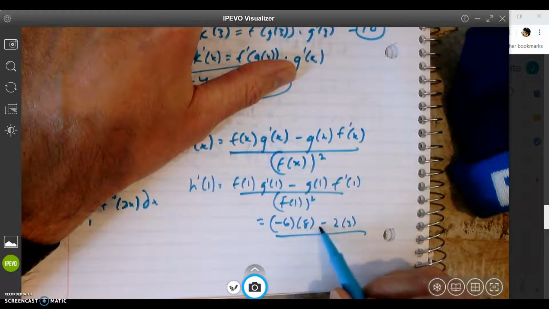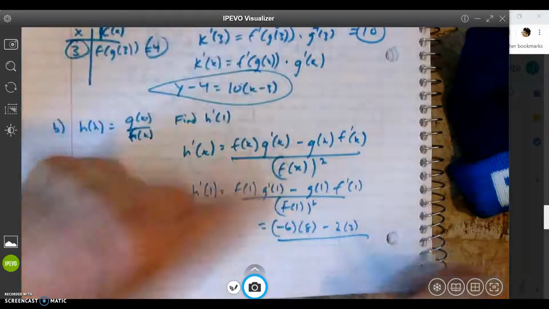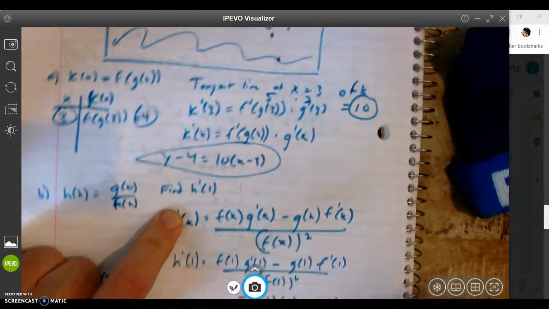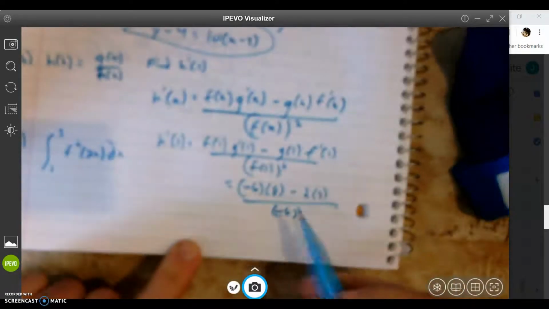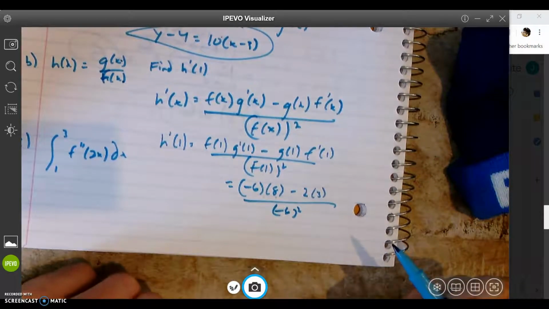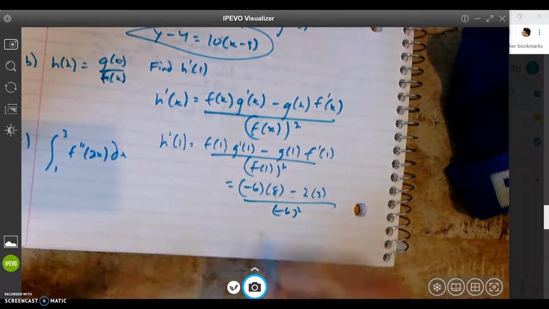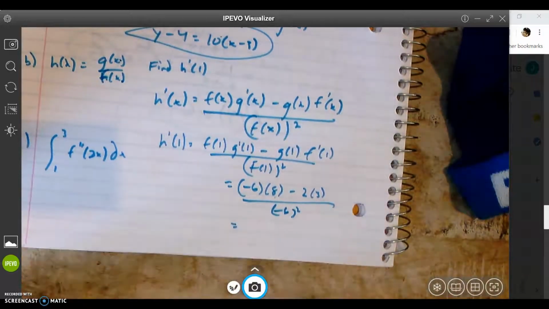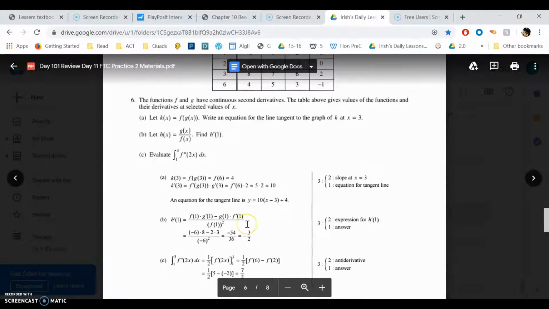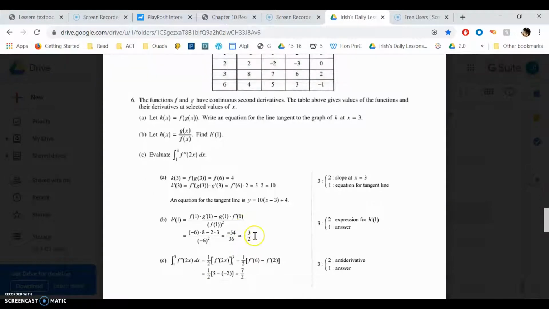So it's negative 6 times 8 minus 2 times 3 over f of 1 squared. F of 1 squared is negative 6 squared. And so this right here would be an acceptable answer. If you leave it like that, you're good. But if you want to simplify it, that's okay. It has everything right there. I would leave it like that if I were you. But negative 3 over 2 is the final answer. So if you got that, you're good.